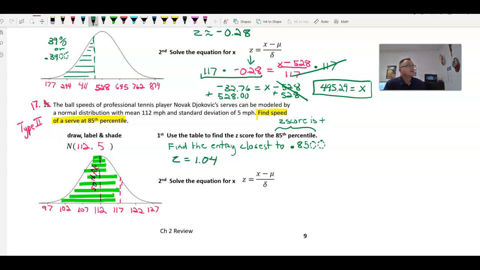And now you just plug it in and do the math. So let's see, 1.04 equals X. It's 1, 1, 2, 5.